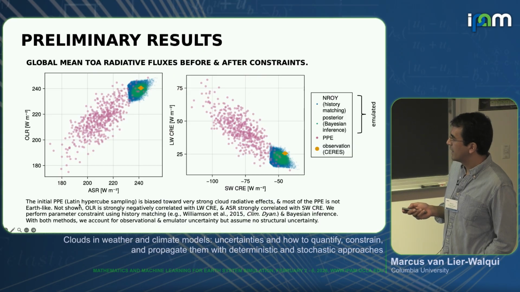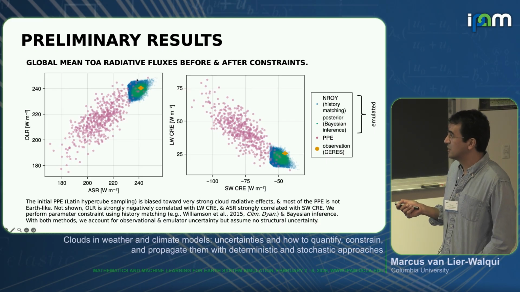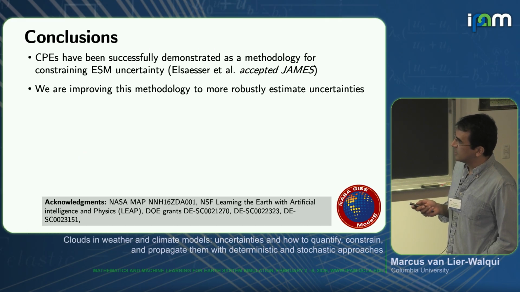I think I'll just get past this. I'll just mention that Kate has also played around with doing a comparison between history matching, which is this sort of thresholding, right? I accept inside of this boundary and I don't accept outside of it, and the Bayesian Markov chain Monte Carlo. We're looking at that because I think that does matter, and I'm not exactly sure how it matters.